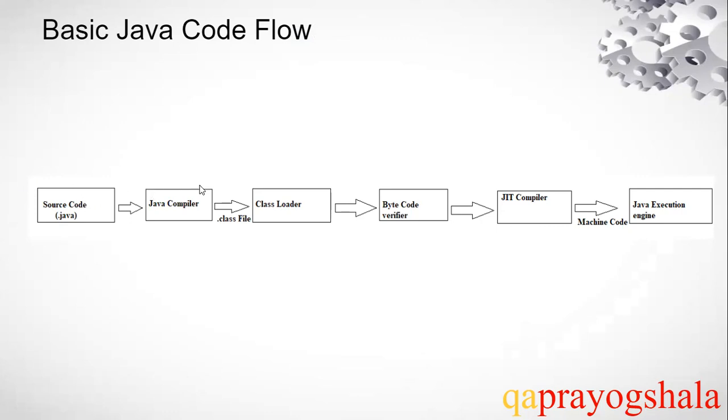The very first component is the Java compiler. The function of a Java compiler is to make sure there are no errors in terms of syntax in the Java code, so those errors will be pointed out by the Java compiler. The second function of a Java compiler is to convert the source code, that is the .java code, into the .class file.